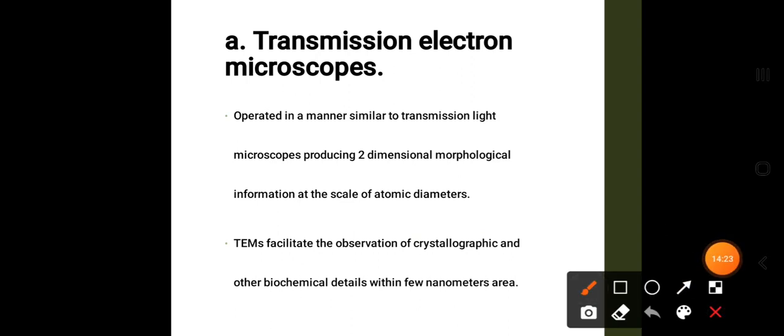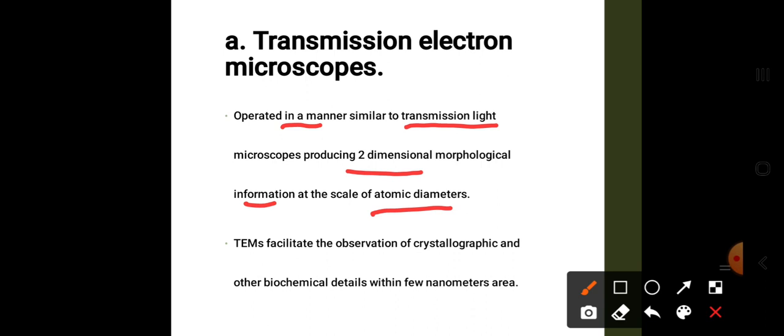It operates in a manner similar to transmission light microscopy, where the transmission of electrons plays a major role. This microscope produces two-dimensional morphological information, generating a two-dimensional structure on the basis of atomic diameters.